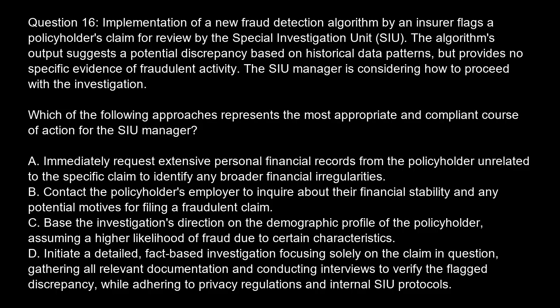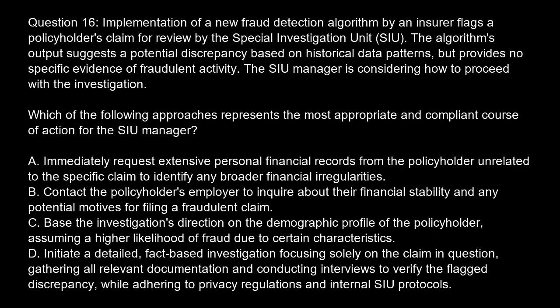Option A. Immediately request extensive personal financial records from the policyholder unrelated to the specific claim to identify any broader financial irregularities. Option B. Contact the policyholder's employer to inquire about their financial stability and any potential motives for filing a fraudulent claim.